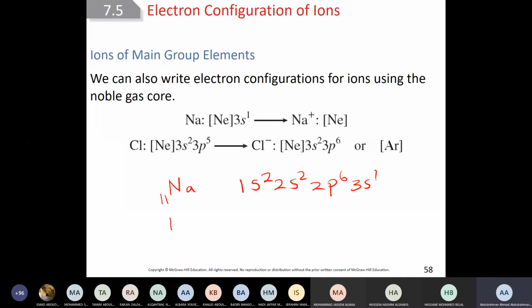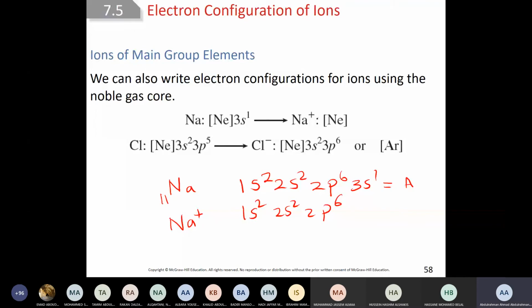What's the electronic structure for sodium ion? 1s2, 2s2, 2p6. Good. How about 3s1? I'll take it away. Clear? I can make this short by saying it is actually argon.